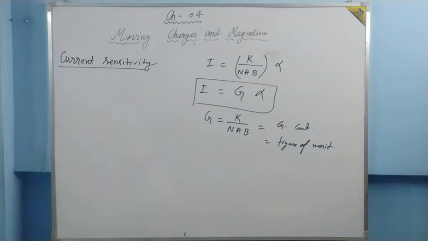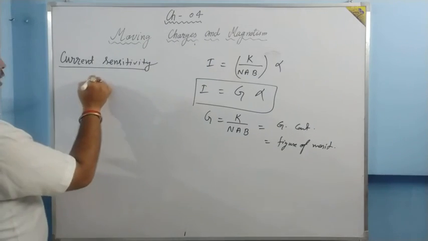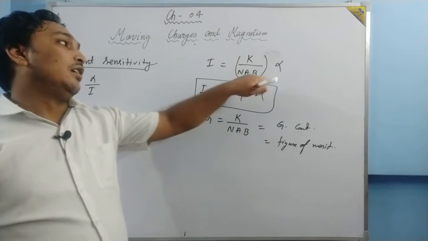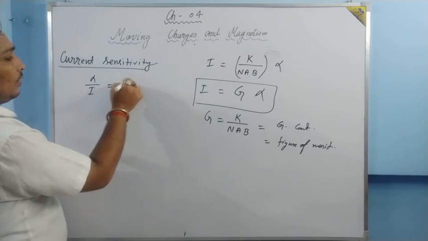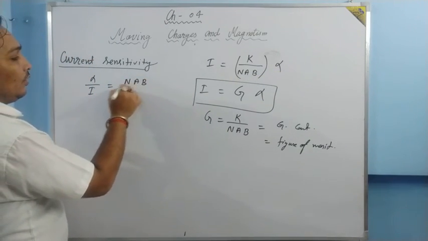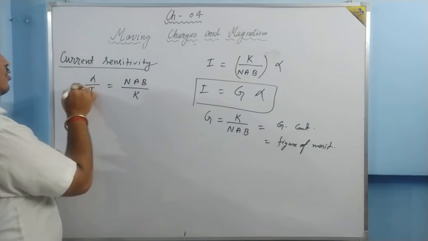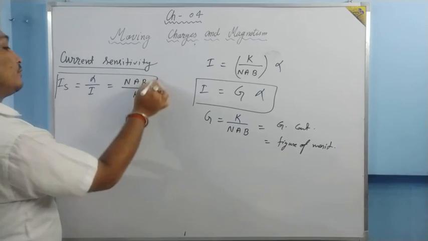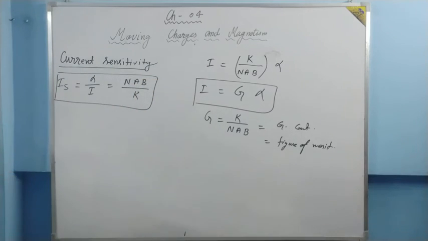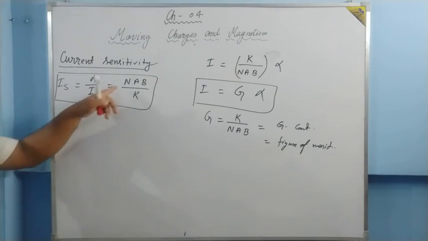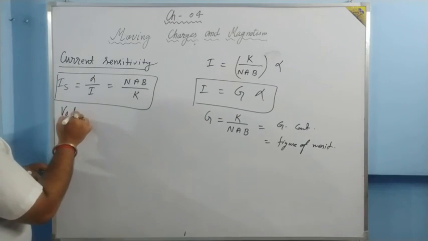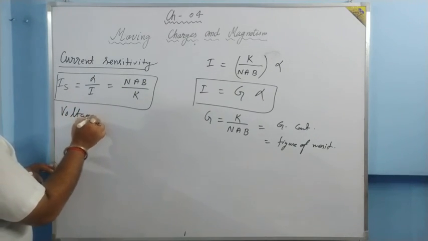Mathematically it is defined as deflection per unit current, that is alpha upon I. From here, alpha upon I will be equal to NAB upon K. So this is called current sensitivity and denoted by IS. Moreover, one more thing is defined, called voltage sensitivity.